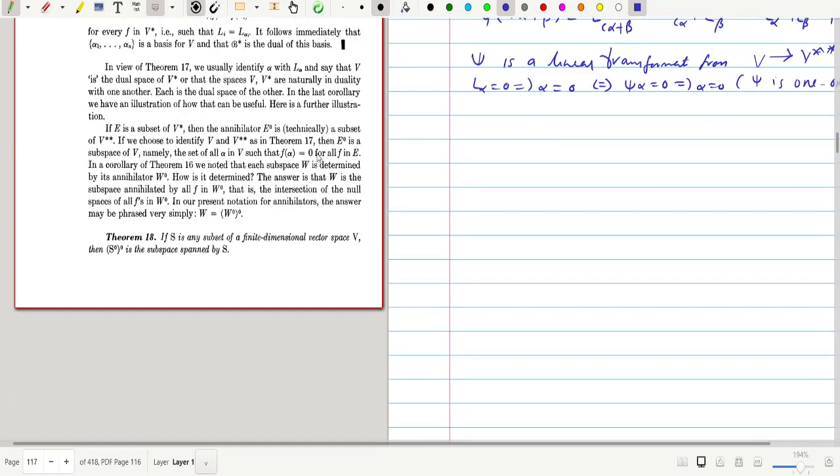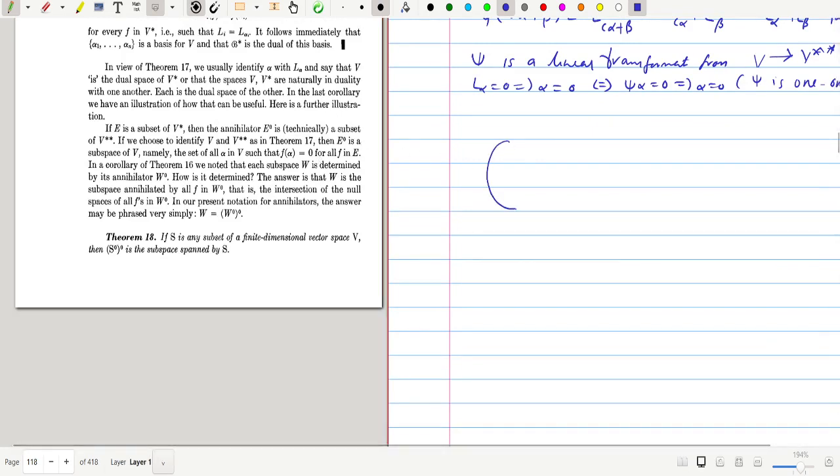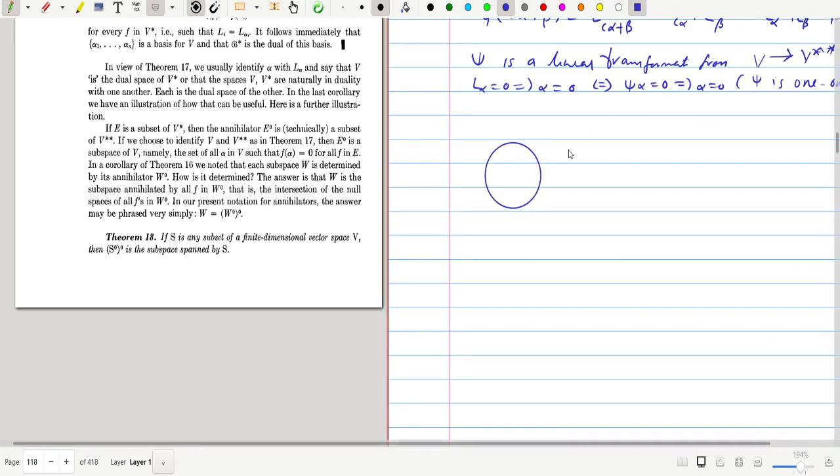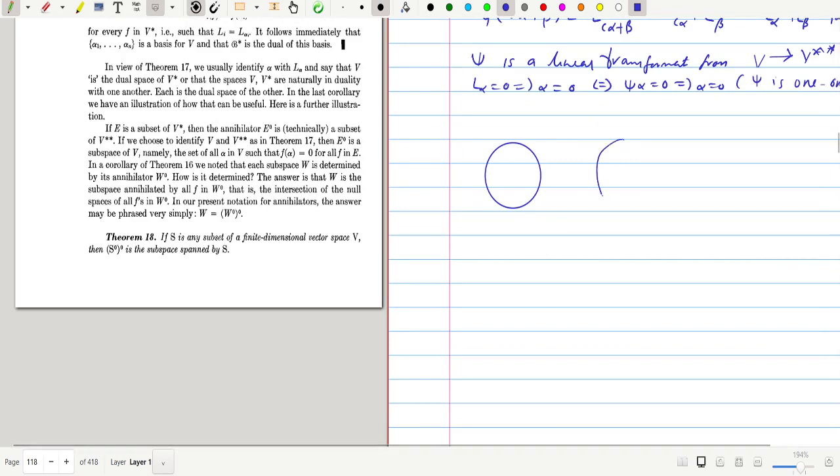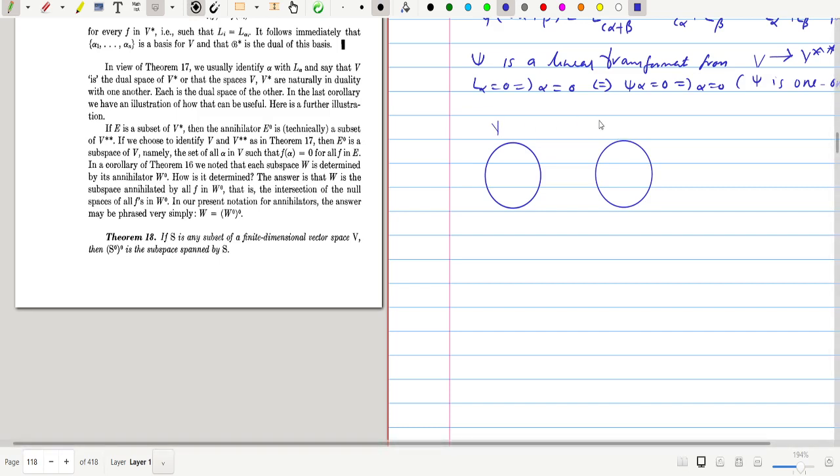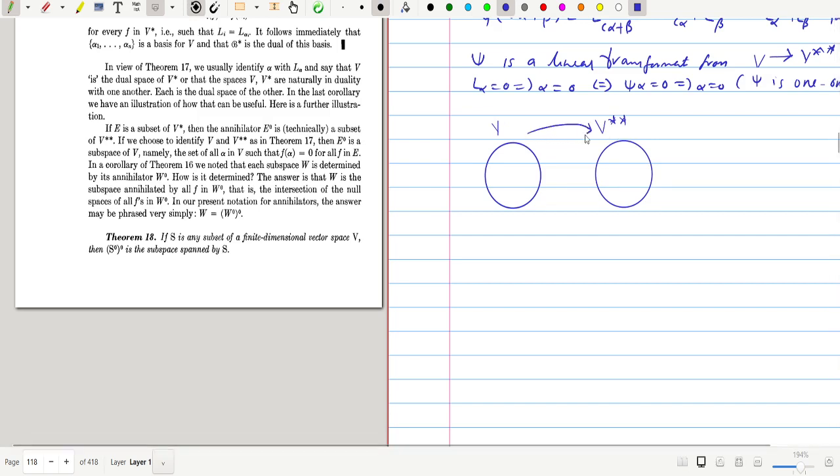So this is very trivial because we have already seen that if we have a vector space V and V double star here, we have shown that there exists a linear map from V to V double star, say ψ, defined such that each α is mapped to L_α.